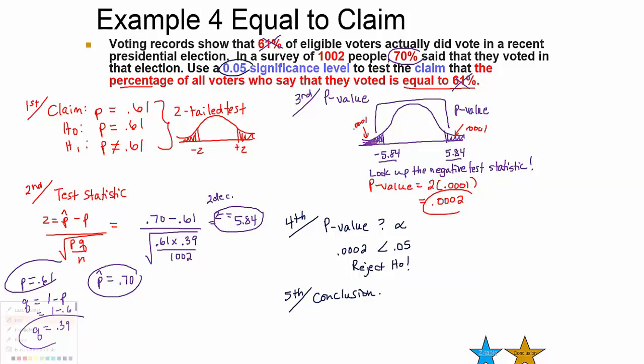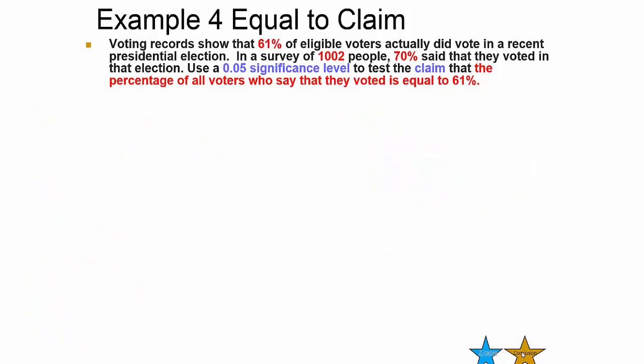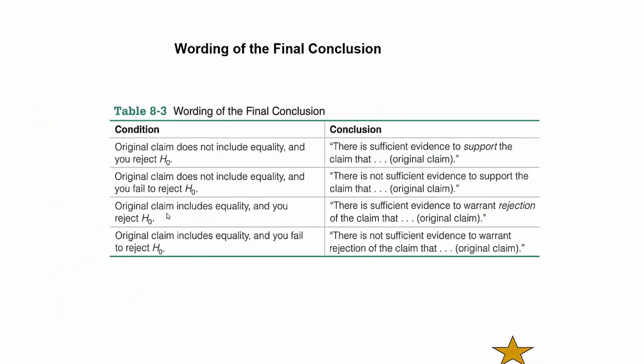So let's look at the wording for the conclusion that involves equality and we reject the null. If your original claim involves equality and you reject the null, you're on this third row here. You would say there is sufficient evidence to warrant rejection of the claim that. So notice the wording is very different with the claims about equality.